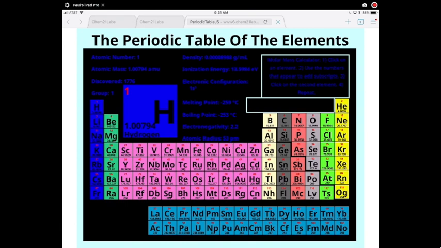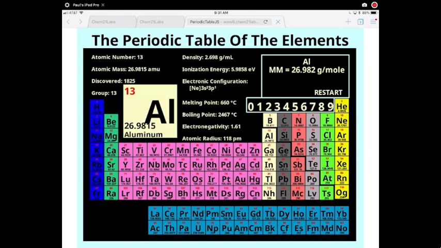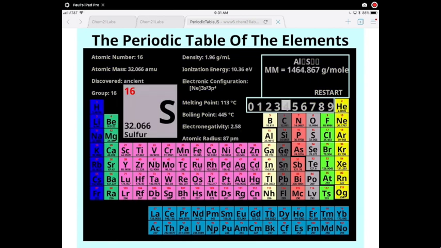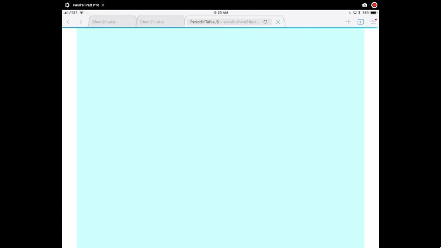You can't put parentheses in this thing. So what you would do is aluminum, 2. Then you would have how many sulfurs? 3. You would have to put it in this way. Sulfur, 3. Oh, I have no idea what I selected.